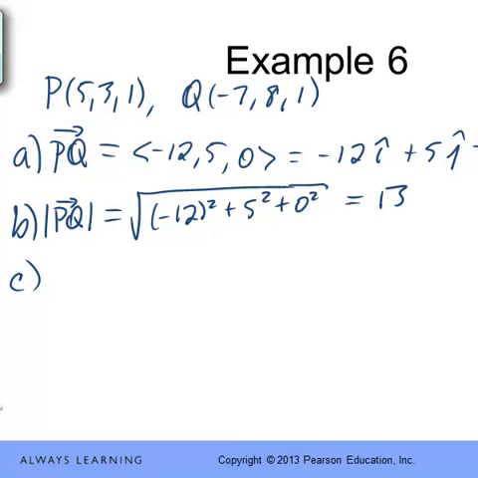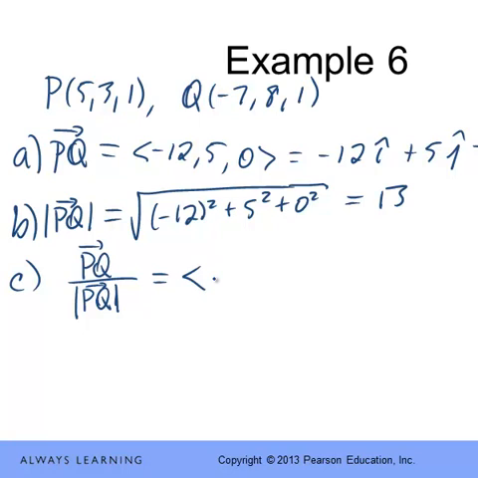But if you want a vector that is parallel to PQ, but of a different length, then what you do is you take PQ and divide by its magnitude, so that you'll have a unit vector in the direction of PQ, and then we can multiply by whatever your desired magnitude is.